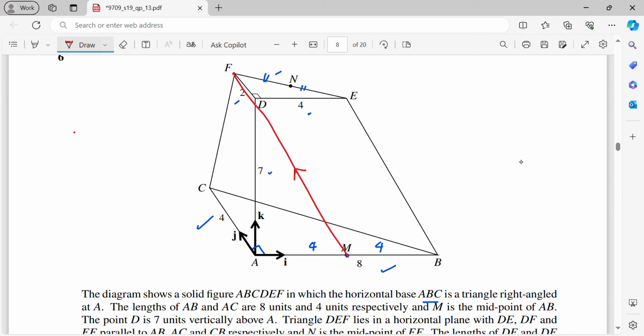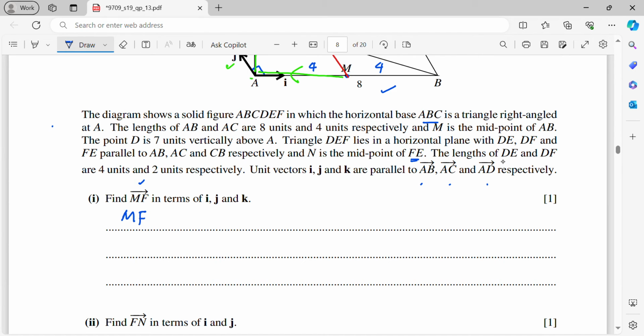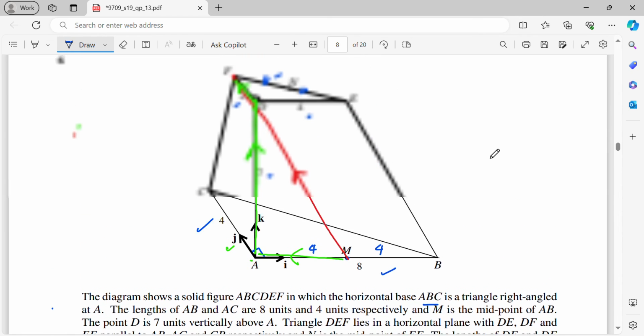So I will say that MF equals MA plus AC plus CF. No, DF, CF cannot, because we do not know the direction. Okay, so I will say MA plus AD, okay, then plus DF, because the DF is in the direction of the j. So now I will just write down first MF equals MA plus AD plus DF.